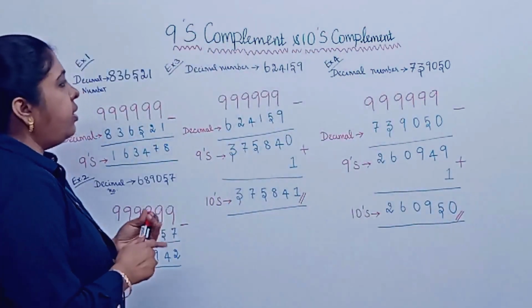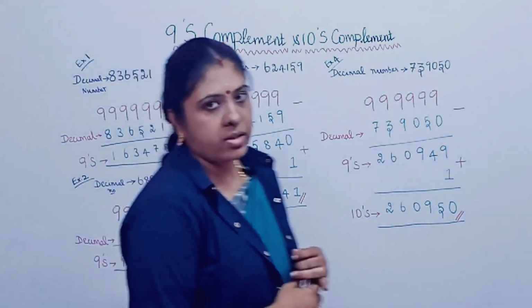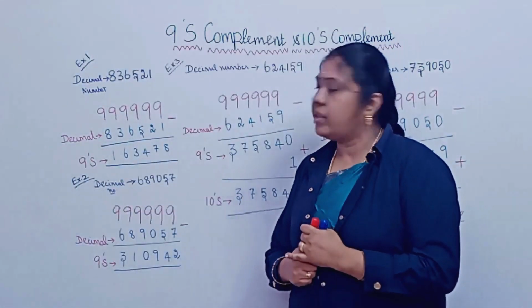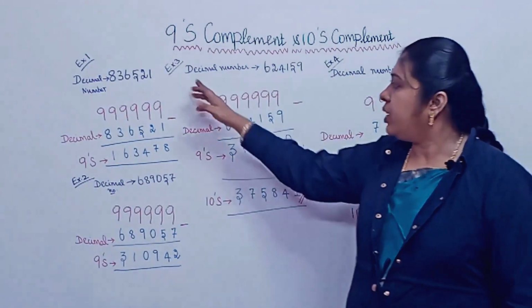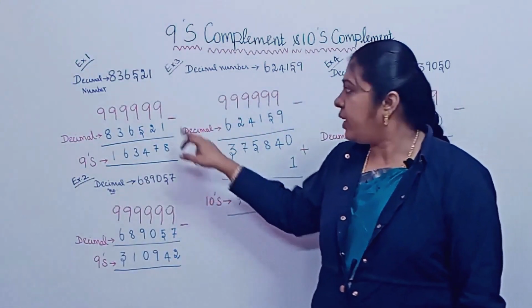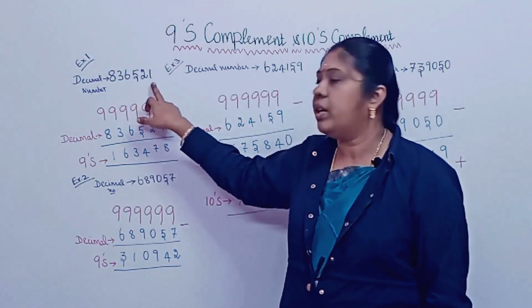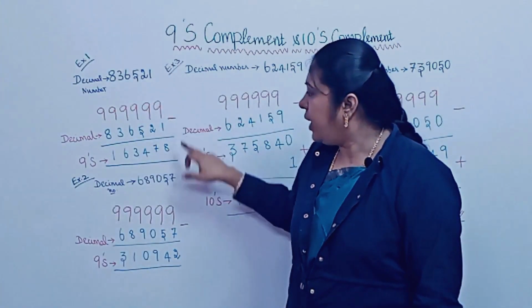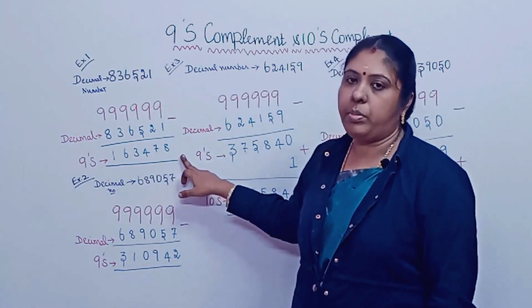Okay, now you will be clear about the nines complement and tens complement. A small recap. For converting a decimal number to nines complement, we subtract each digit of the decimal number from 9 and the attained number is the nines complement number.